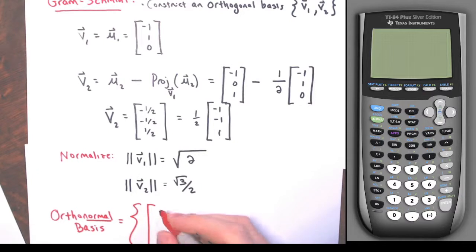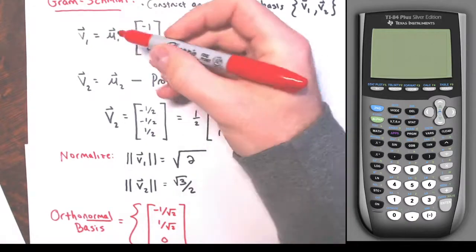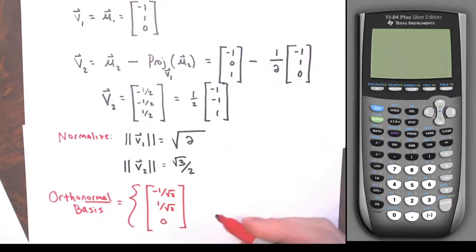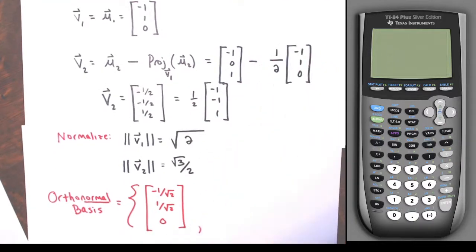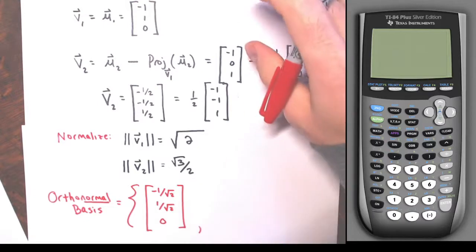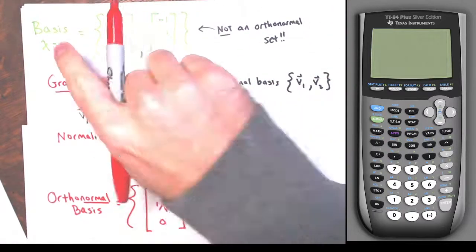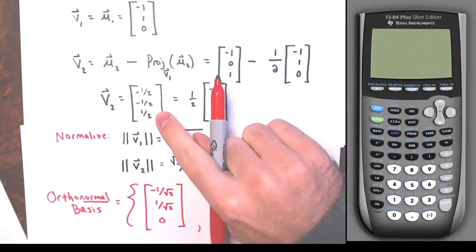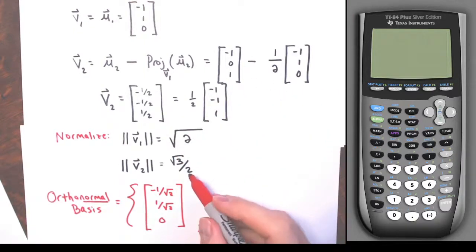So I've got the vector with negative 1 over the square root of 2, 1 over the square root of 2, and 0. That was vector v1 divided by its norm. And then the second vector in the orthonormal basis for this eigenspace corresponding to lambda equals 2 is my vector v2, again divided by its norm.